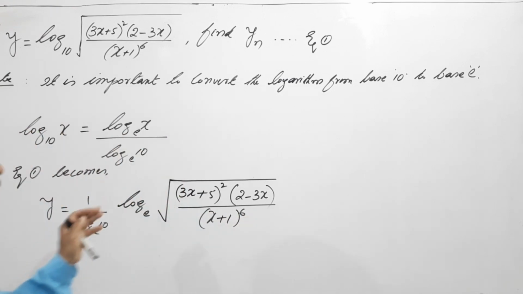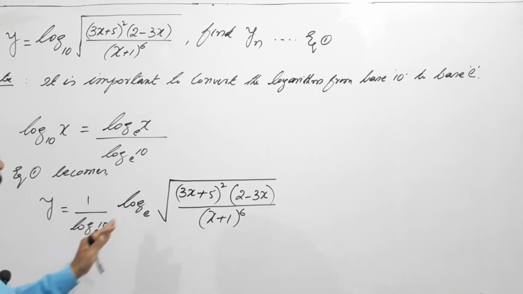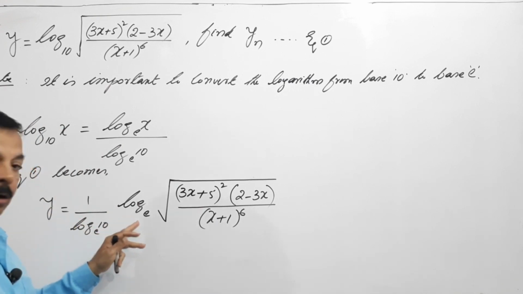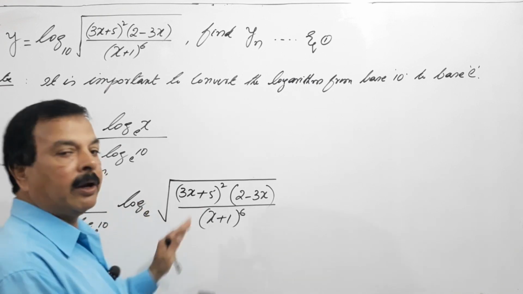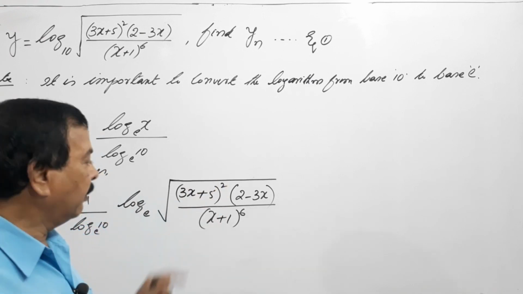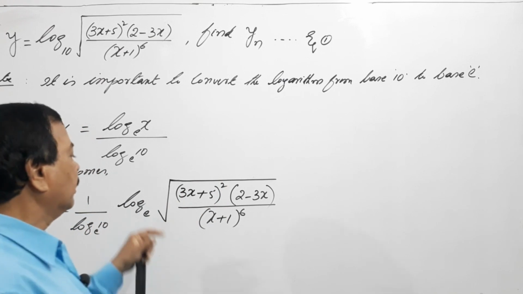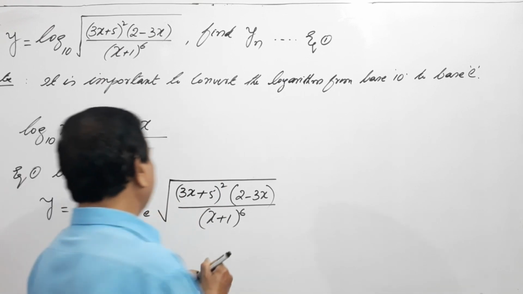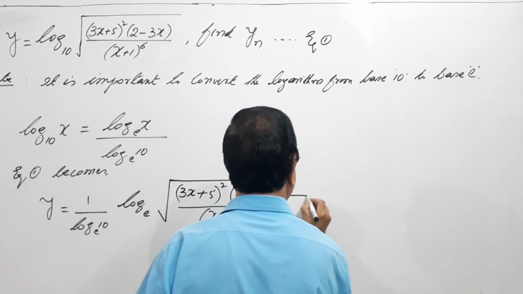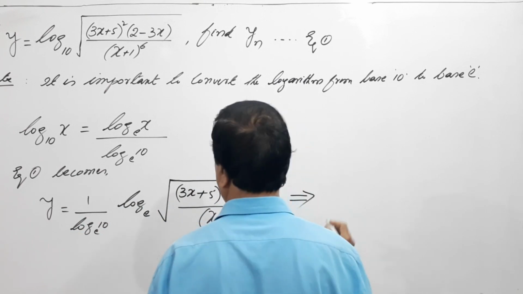Now we have converted this to log to base e. Now you are able to differentiate this, but we have to bring it to standard form. How will we do this? So this can be written as what?